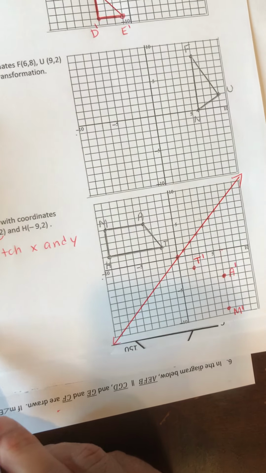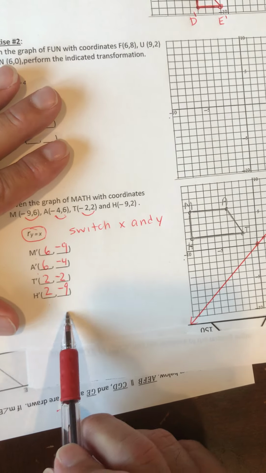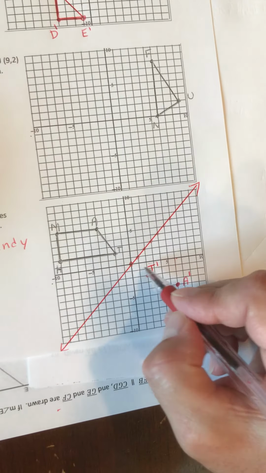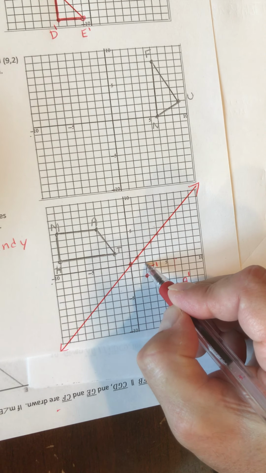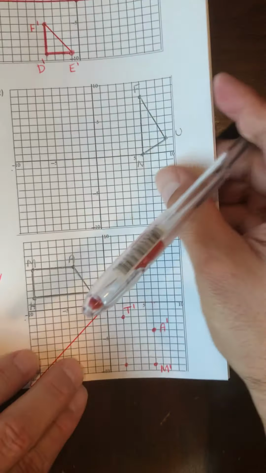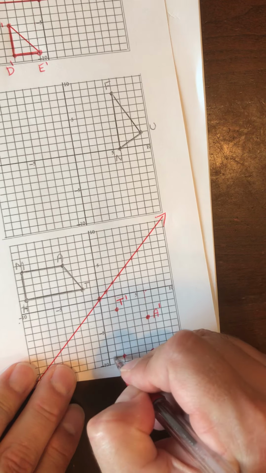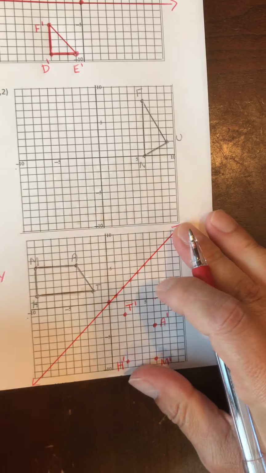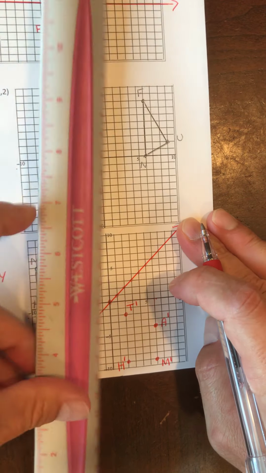And lastly, H was 2, -9, so right 2 and down 9. Now I'm going to connect my dots.